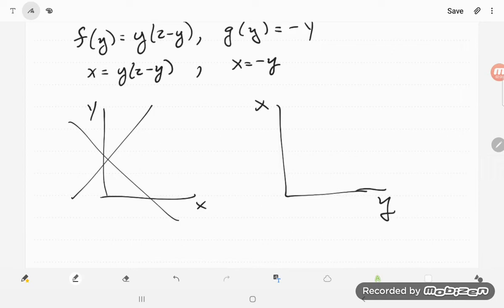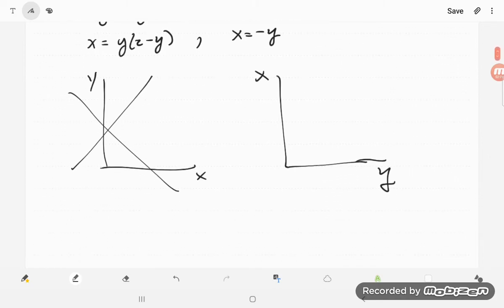And so again, in Desmos, what I'm actually going to do to plot this is plot f of x equals x times 2 minus x, and g of x equals minus x. I'm going to switch the x and the y names. The mathematics doesn't care, right? It's a function that we can graph any way we choose.